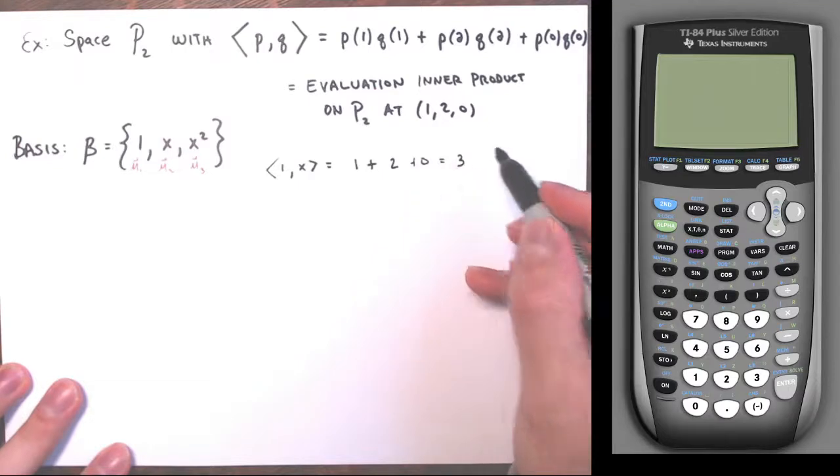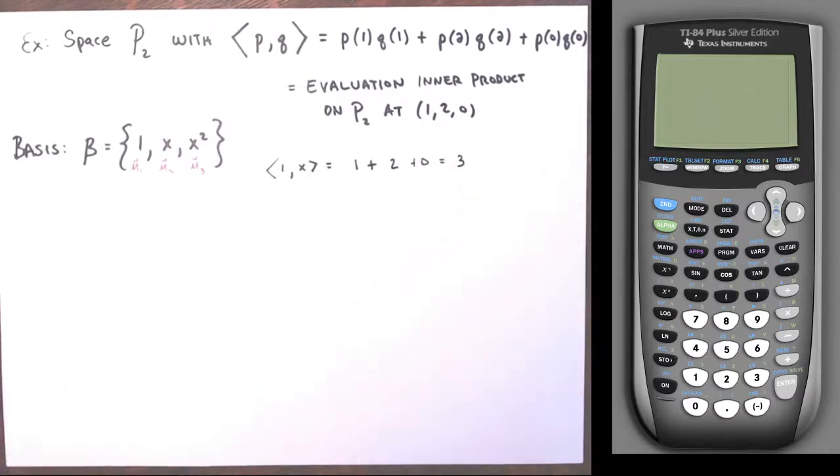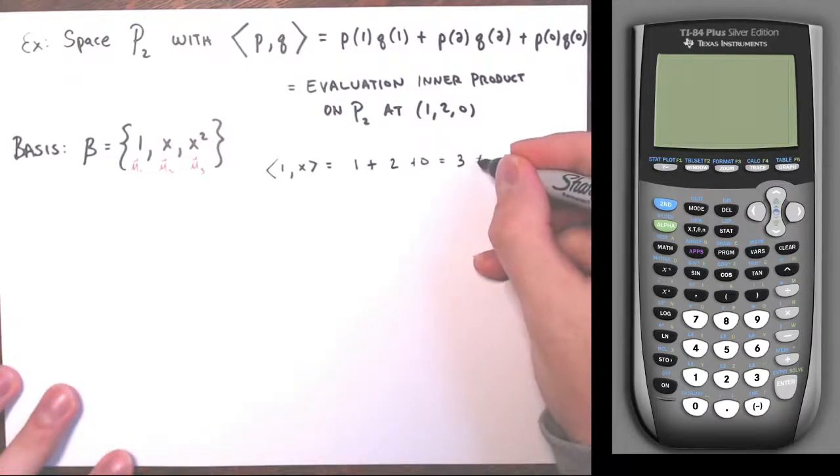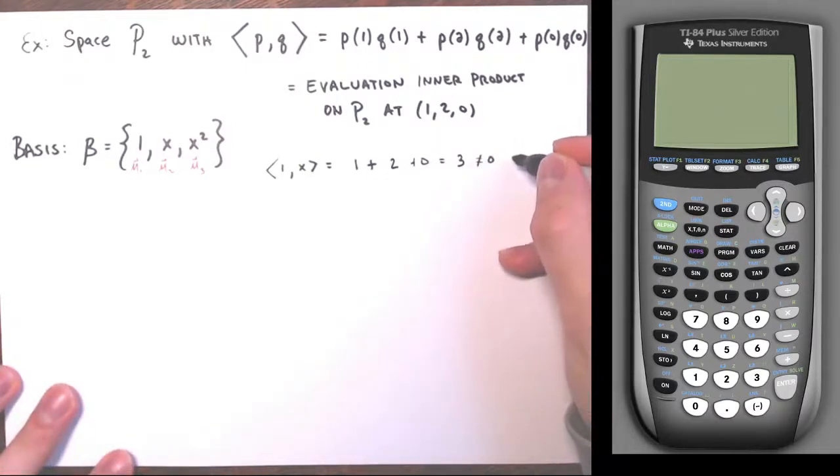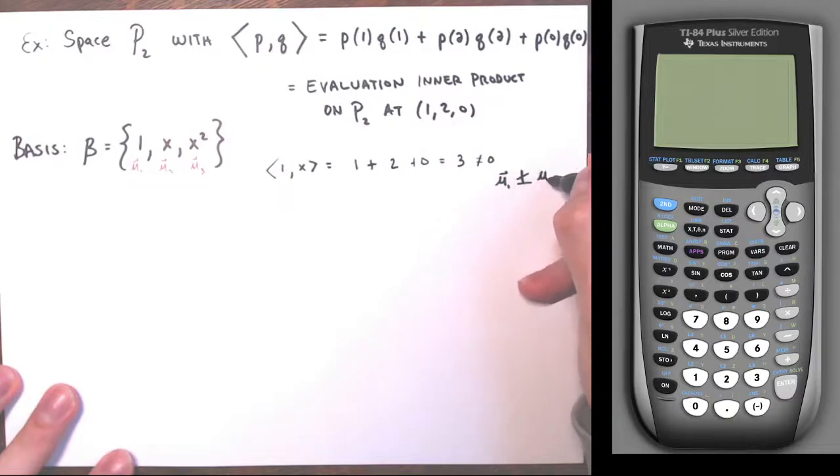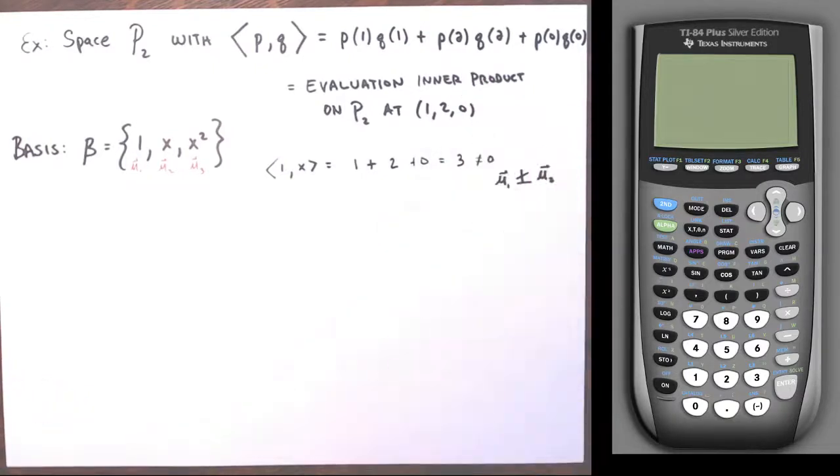So I'm getting 3, which is not 0. So u1 is not orthogonal to u2 under this inner product. This is actually an inner product this time.